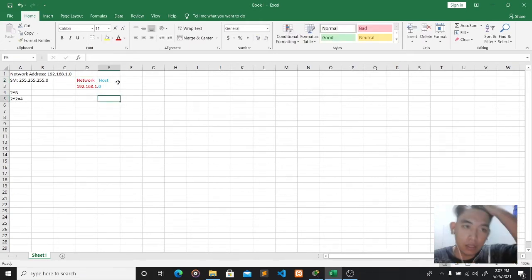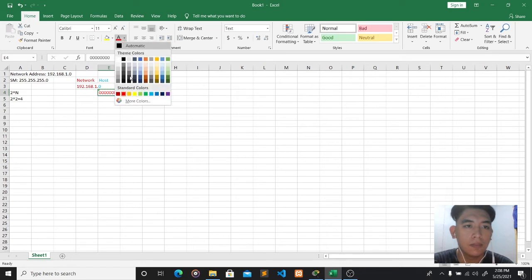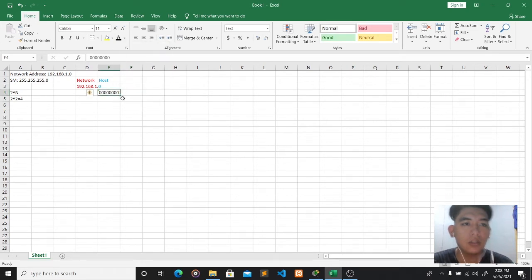Since we determined the network and host, the host part we will partition into 8 bits, because every octet is 8 bits. So we put here 8 bits: 1, 2, 3, 4, 5, 6, 7, 8.